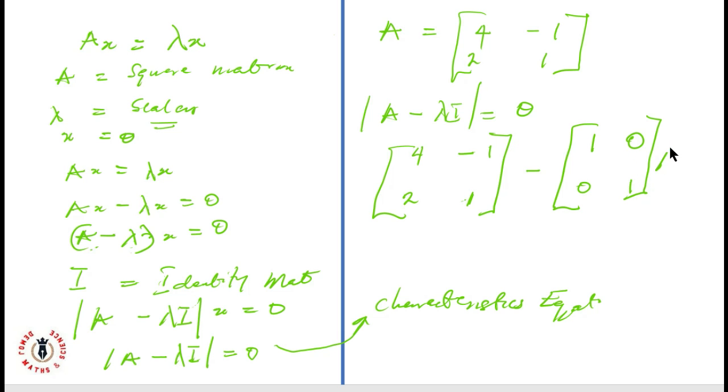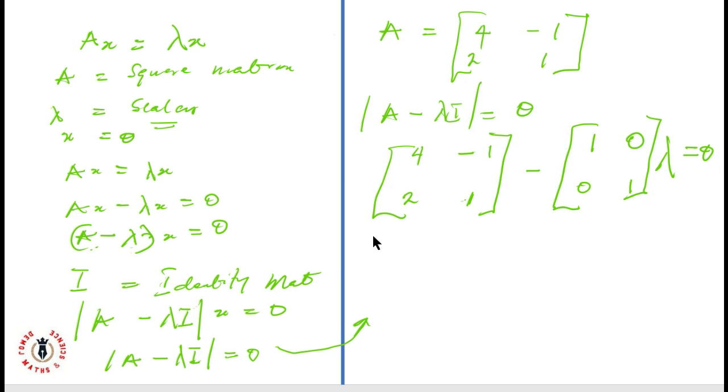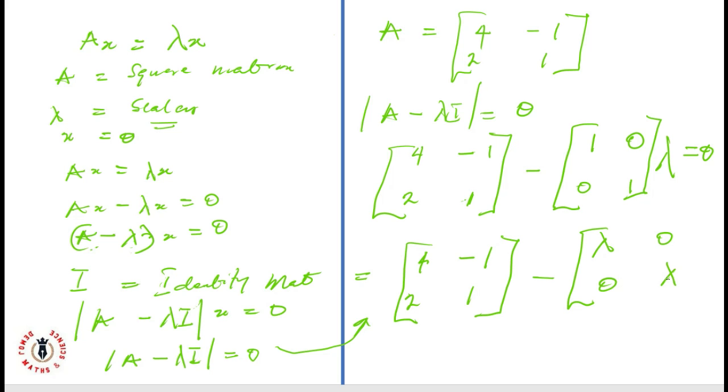So this becomes the matrix 4, 2, minus 1, 1, minus, opening the bracket, 1 times lambda, which is lambda, 0, 0, and 1 times lambda, which is lambda.